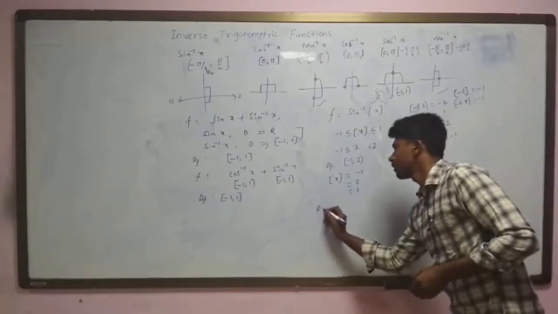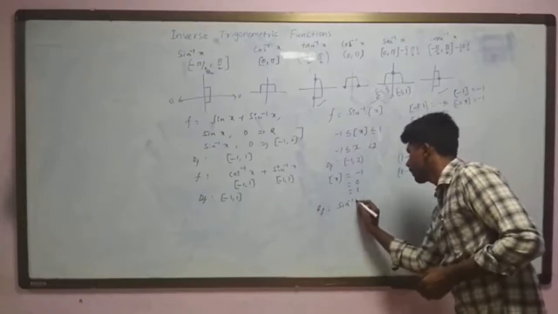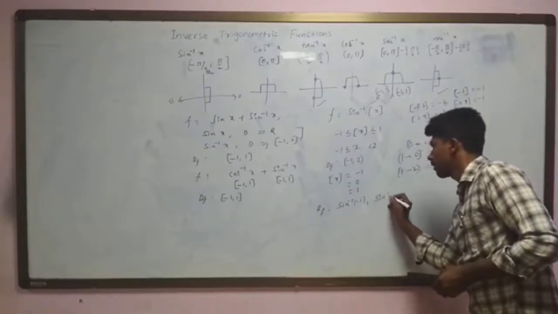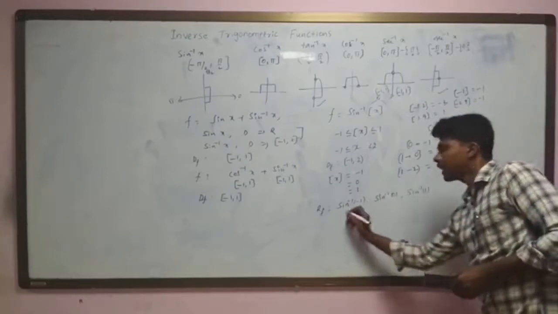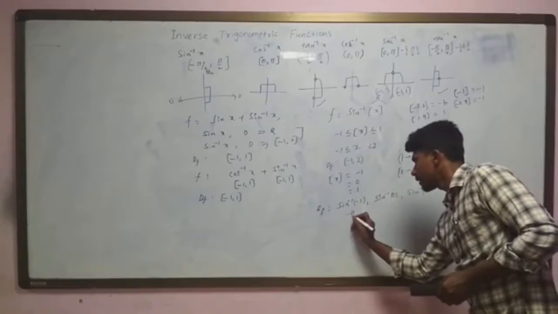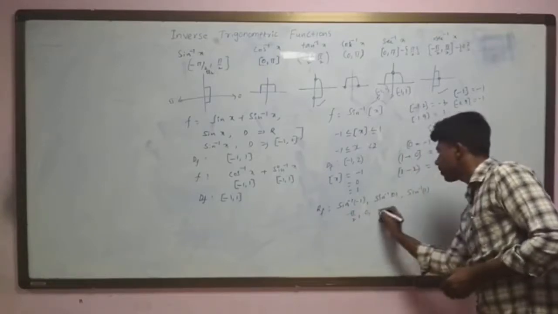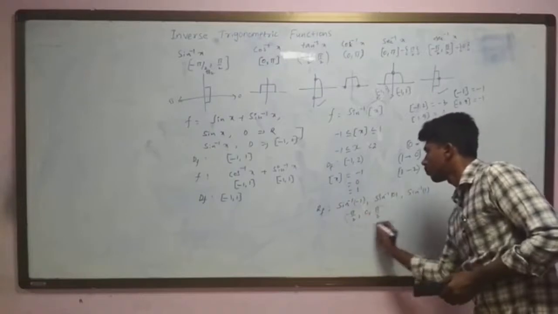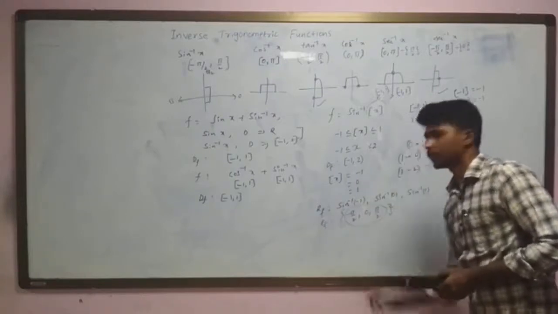My range is sin inverse -1, sin inverse 0, sin inverse 1. Sin inverse of -1 is minus pi by 2, sin inverse of 0 is 0, and sin inverse of 1 is pi by 2. So these are the elements which belong to the range.